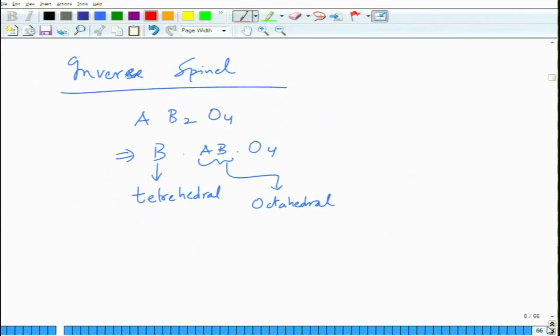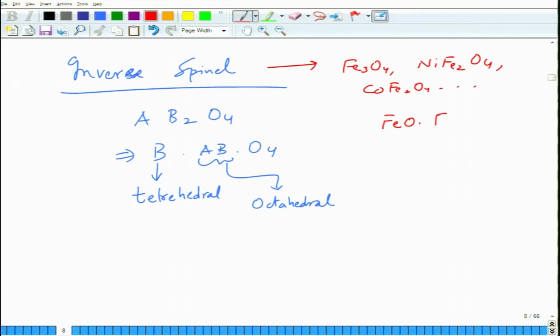And the examples of inverse spinels are Fe3O4, NiFe2O4, CoFe2O4. So most of the ferrites make this kind of structure, inverse spinel. So you can see that you can write this Fe3O4 as FeO dot Fe2O3.